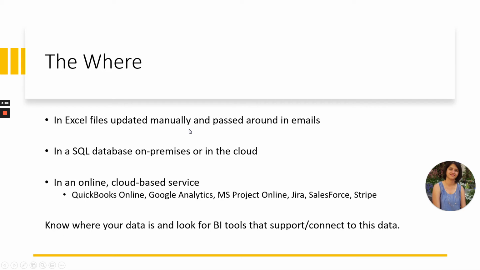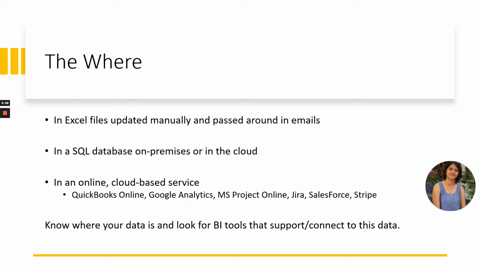Next up is the where. So, where is this data that you want to analyze? It could be in Excel files that somebody in your team updates every week or every month and then emails out to everybody. It could be in a SQL database on premises, so in your office or in the cloud.